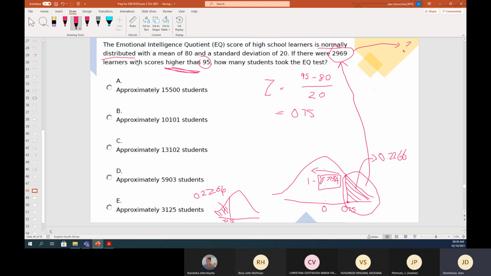And I must say, this is one of the most difficult questions that I have seen. So this area is equal to 2969.